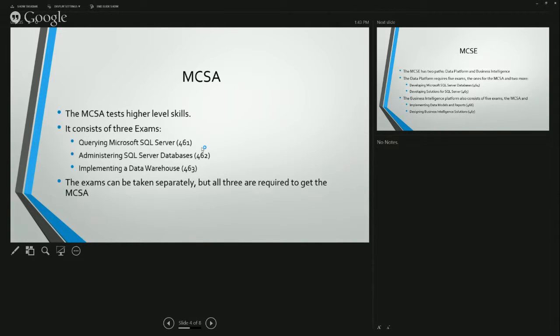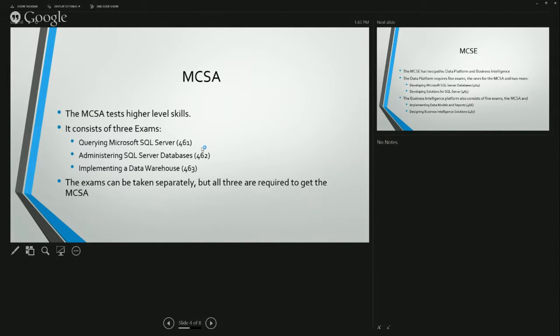Administering SQL Server databases in the sense of not only installing and all the stuff that we've done, but also, we'll talk a little bit about it, failover, where you have multiple SQL servers that are copies of each other. Yeah, multiple servers working together: mirroring, failover, clustering. It's a little bit more complex than what we've done, partially because we don't have the infrastructure to do that.